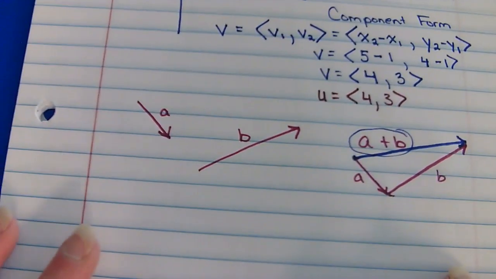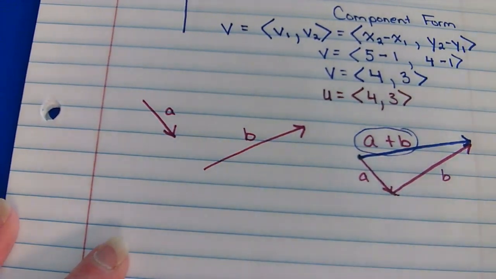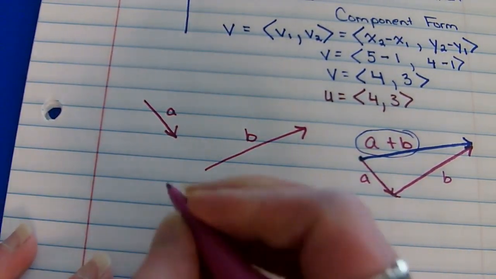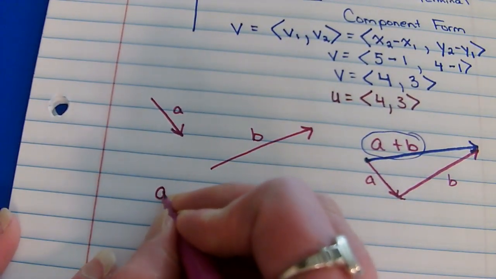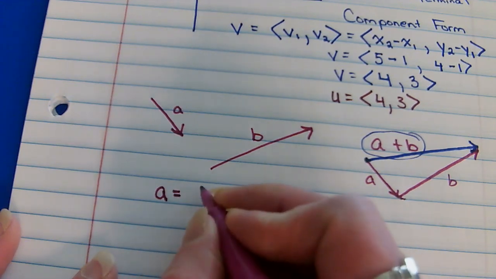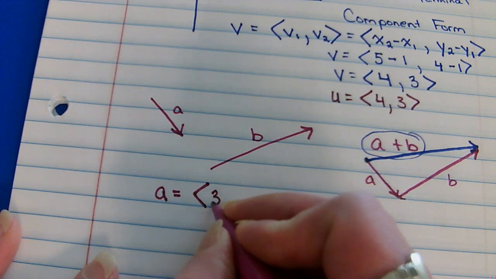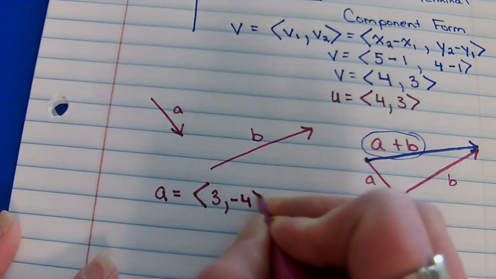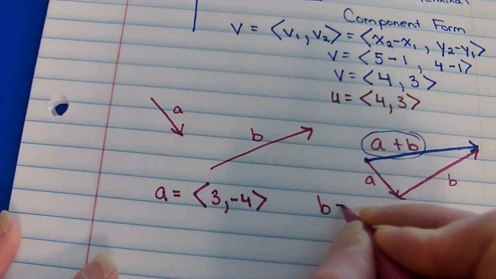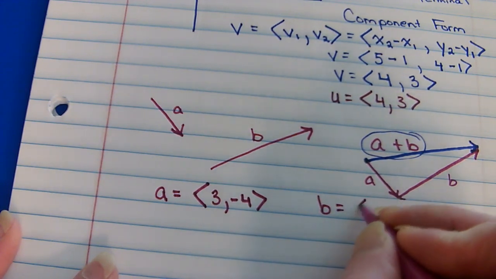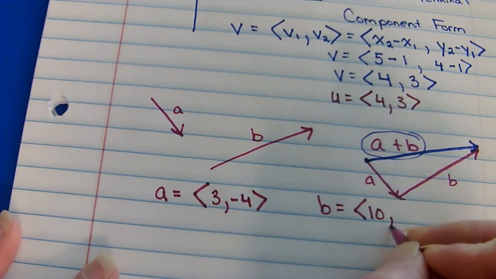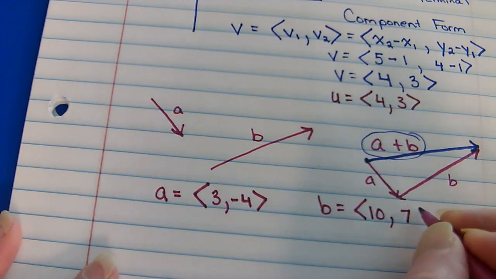But if I was given A and B in component form, so let's say A was the vector (3, -4) and B was the vector (10, 7).